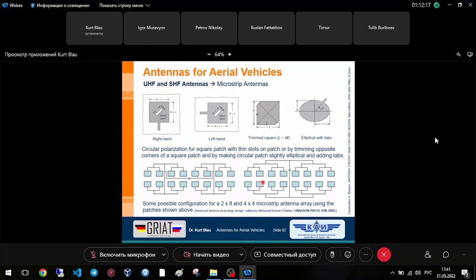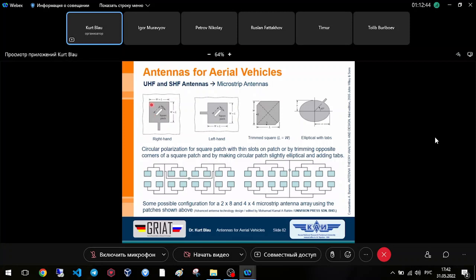Before we go to the arrays, again, how can we excite circular polarization? You can use, for instance, a square patch like this with a slot in this direction, and then you have a certain direction in the circular polarization.